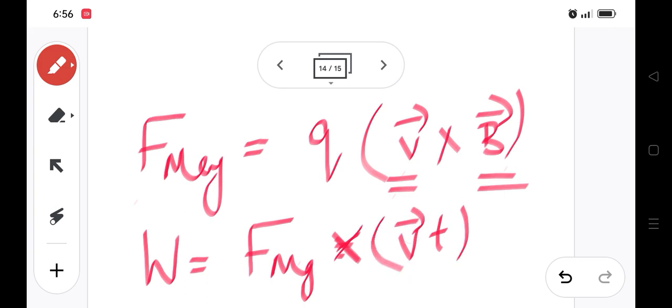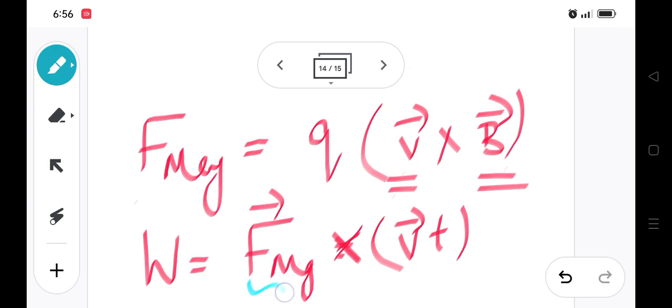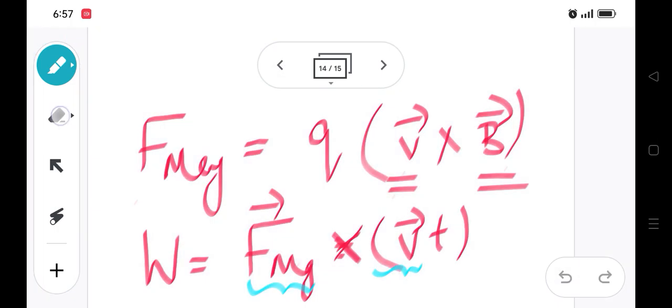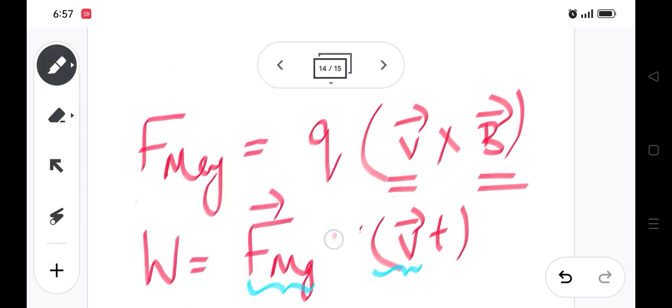We know the magnetic force is perpendicular to the velocity. Sorry, it's not a cross product, it's a dot product.